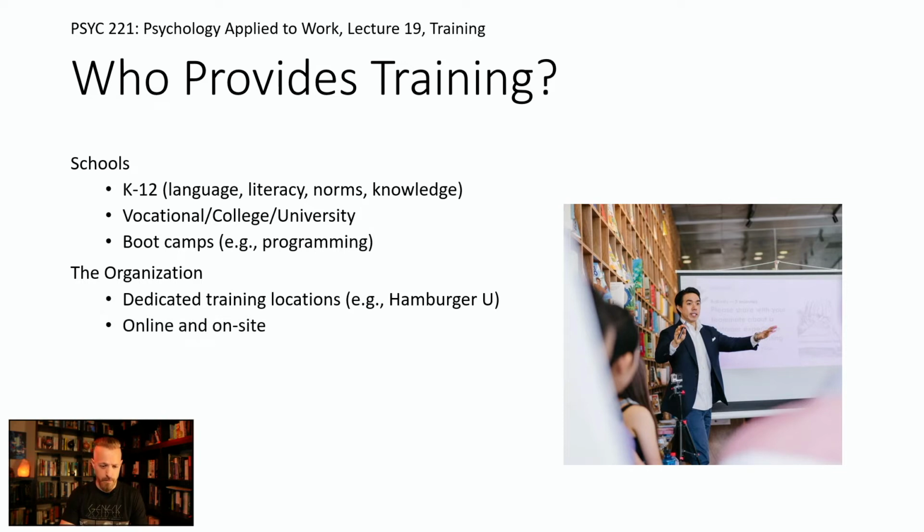You can also obviously have training by your organization that's on site where you work, or online. As I previously mentioned, this is equal opportunity employment, basically the federal law, state law regarding who does or doesn't get training also applies here.